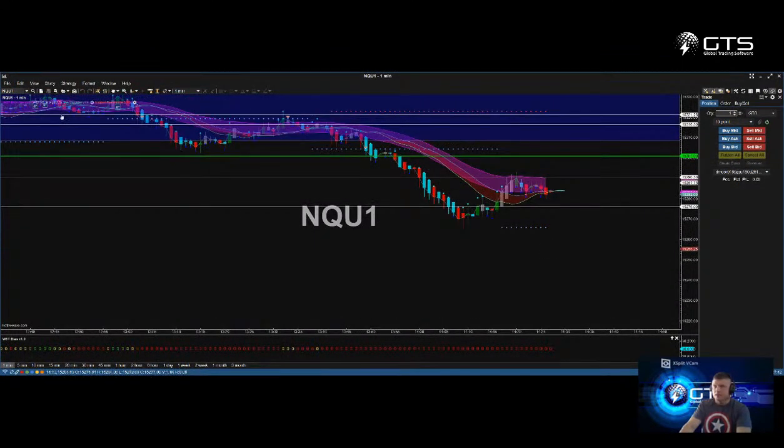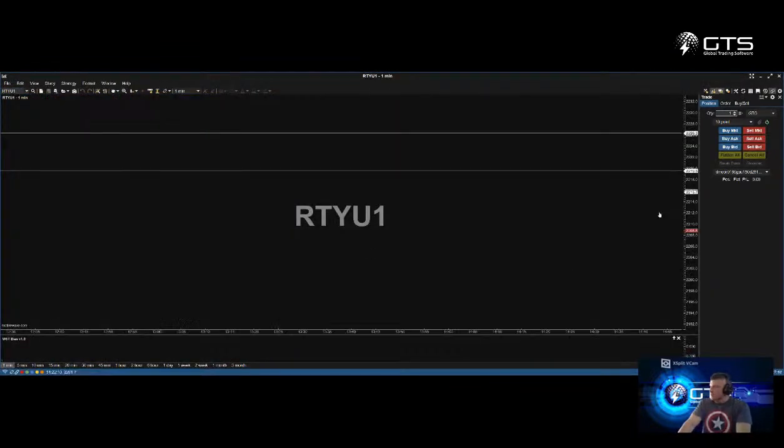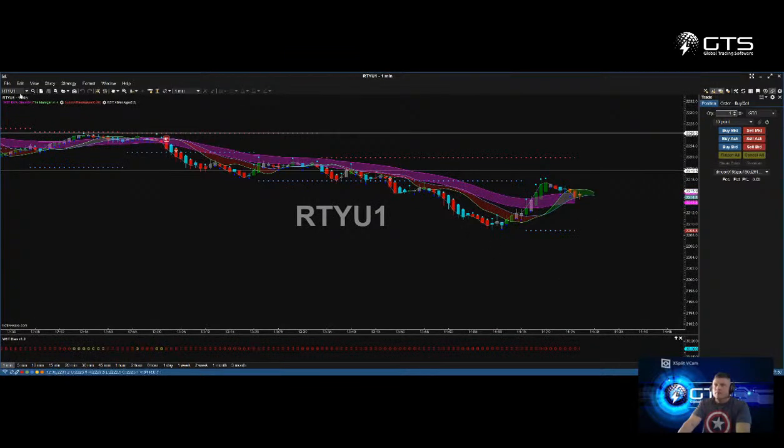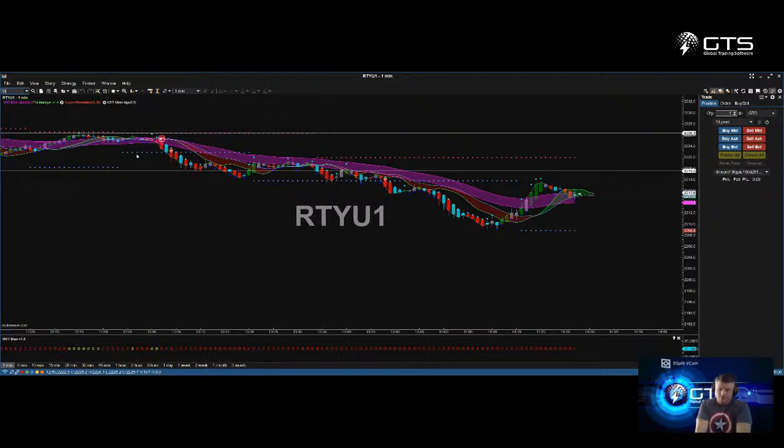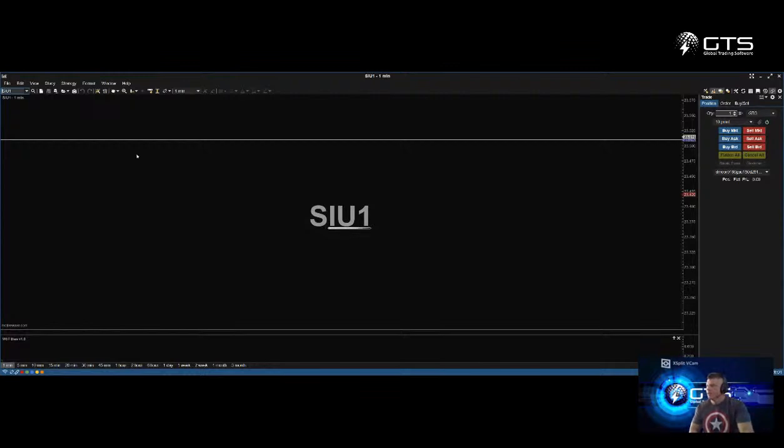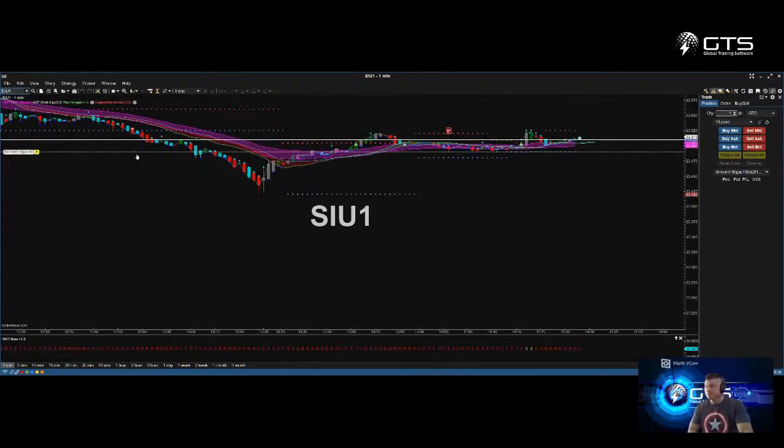Yeah, see, we're bouncing off that right there. Boom, boom, boom. See, I don't think we're going to get much more movement. Under 200, it could be, yep. Oh.